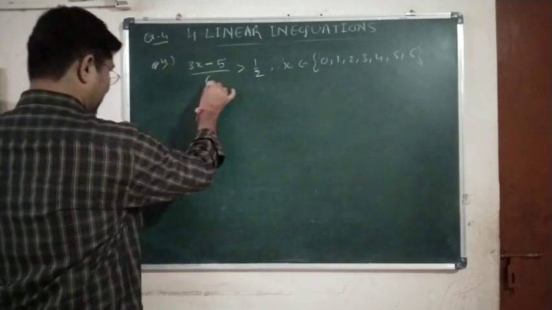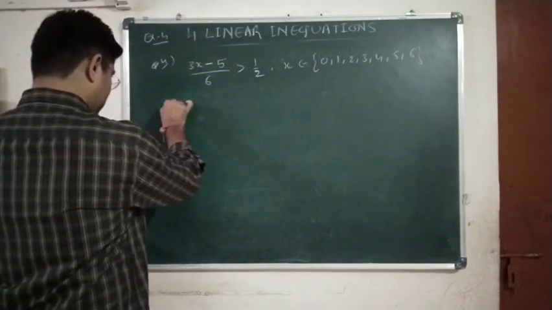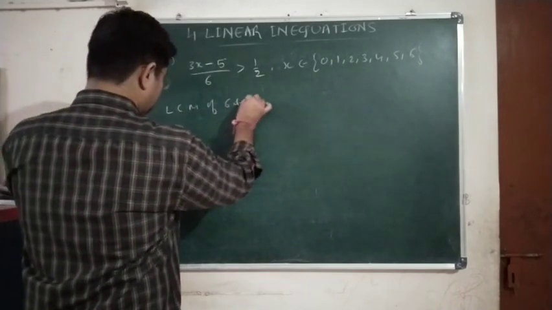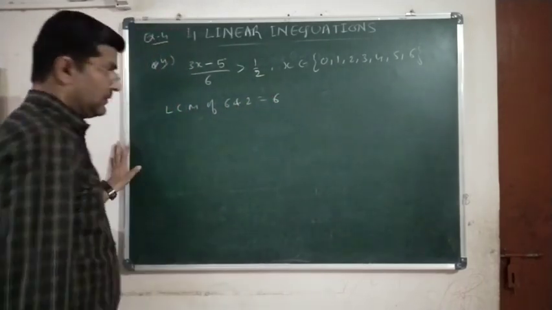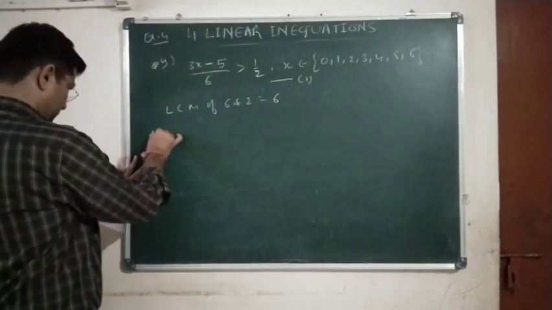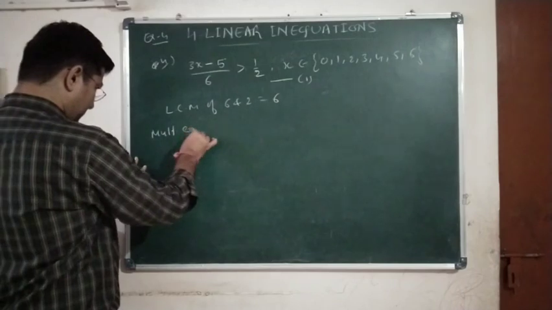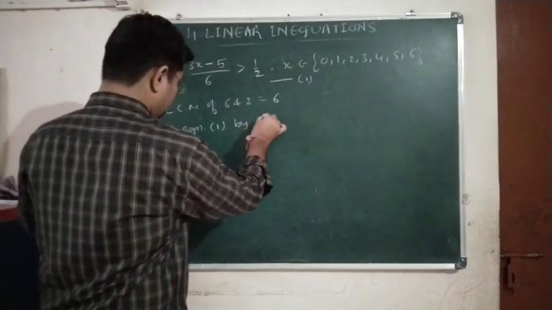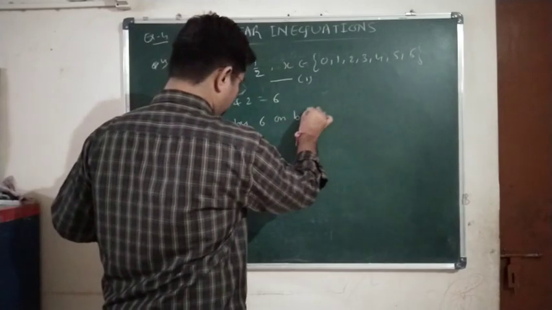So the first step is to find out the LCM. LCM of 6 and 2 is 6. Now, say this is equation 1, multiplying equation 1 by 6 on both sides.